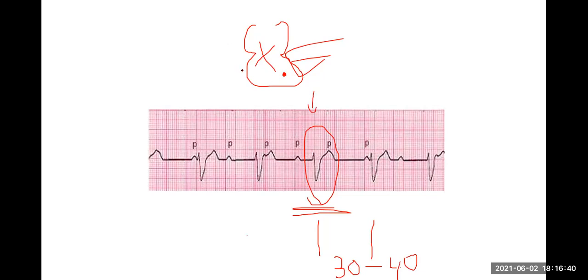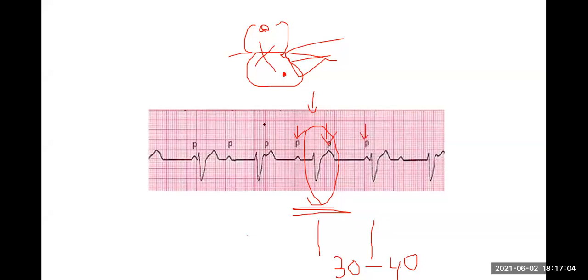But does the atrium stop firing? No, it doesn't. There is no problem up there. The problem is that the impulse doesn't come through in the middle. Then what happens is the P wave also comes at regular intervals.